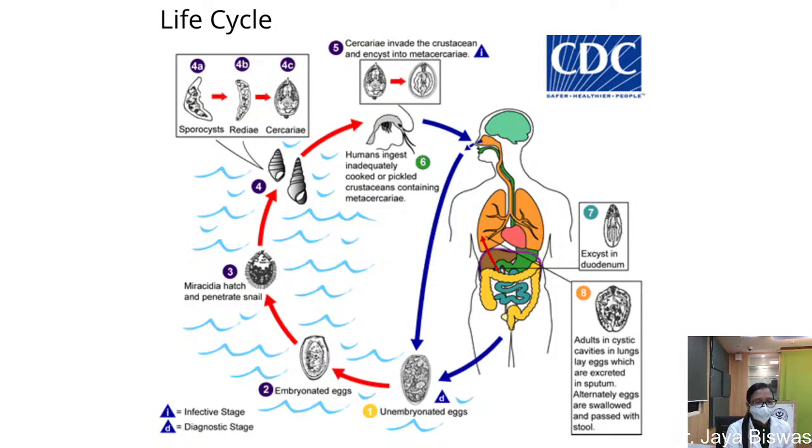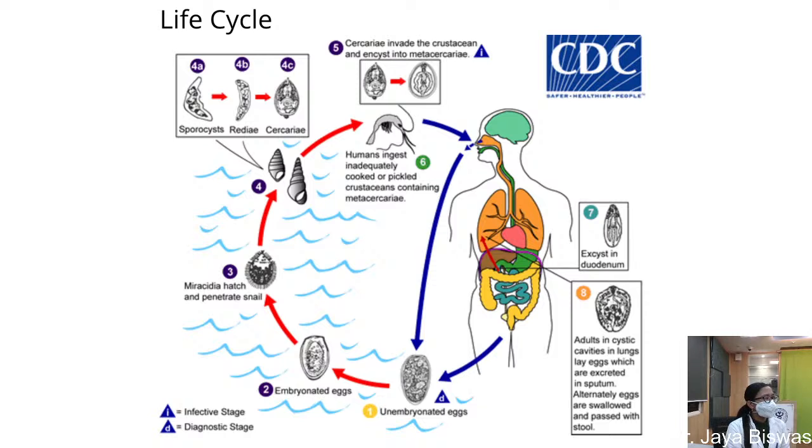When this patient passes stool and sputum containing eggs which have miracidium, and when these miracidium-containing eggs come in contact with water bodies, the miracidium will infect a snail. So Paragonimus has a definitive host, which is human, and two intermediate hosts. First is snail, and second one is the crustacean.